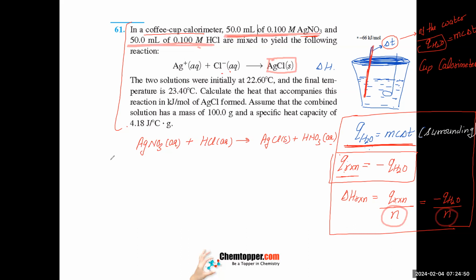Can you tell me, initially when you started the reaction, how many moles of silver nitrate you have added? Please answer that. You know this equation: molarity is moles divided by volume in liters. So how many moles of silver nitrate we have added?